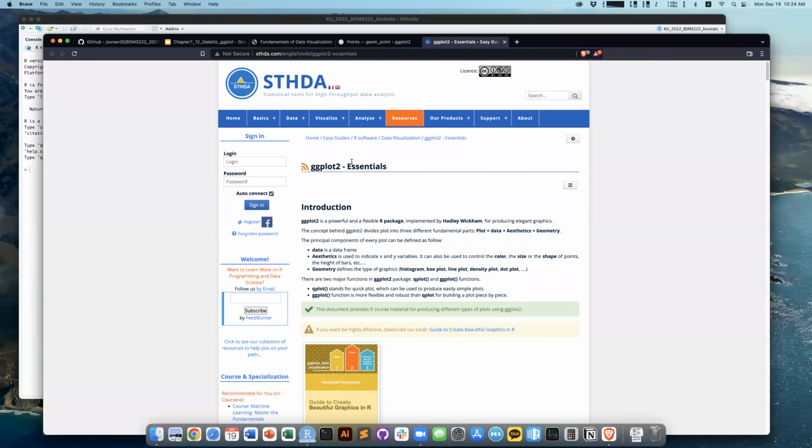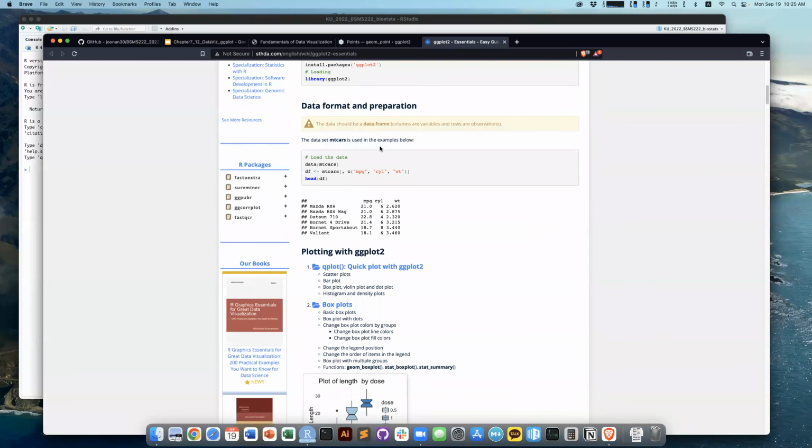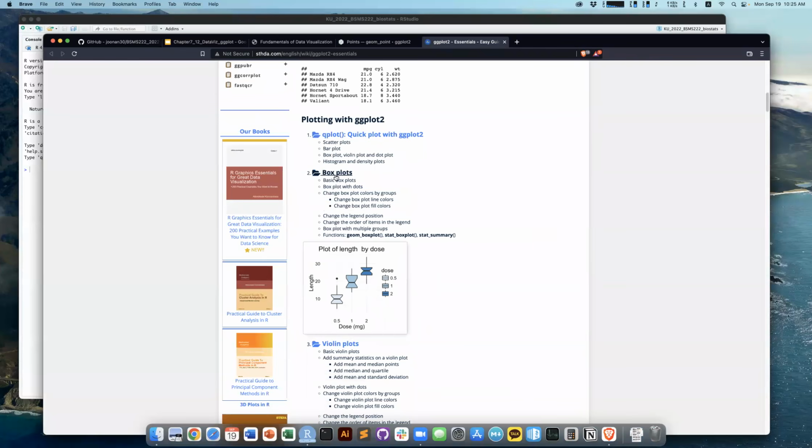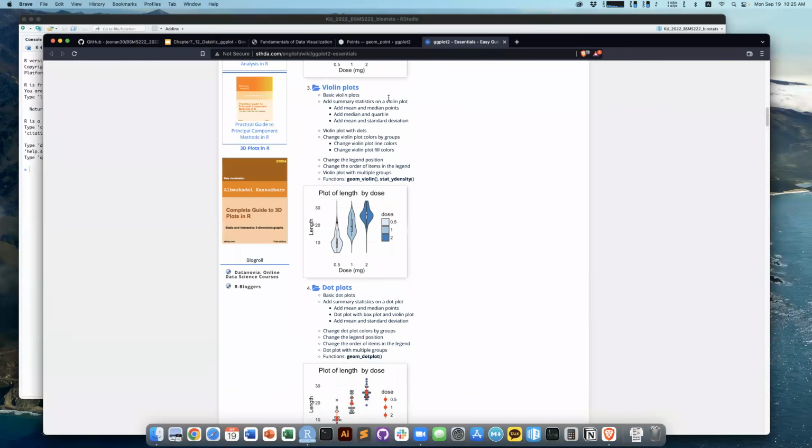I found this page quite useful. This is called STHDA, Statistical Tools for High-Throughput Data Analysis. They contain so many good manuals and blogs about the Tidyverse system and also R programming. If you scroll down, there are some basic things, and you can also find box plots and violin plots in each example.